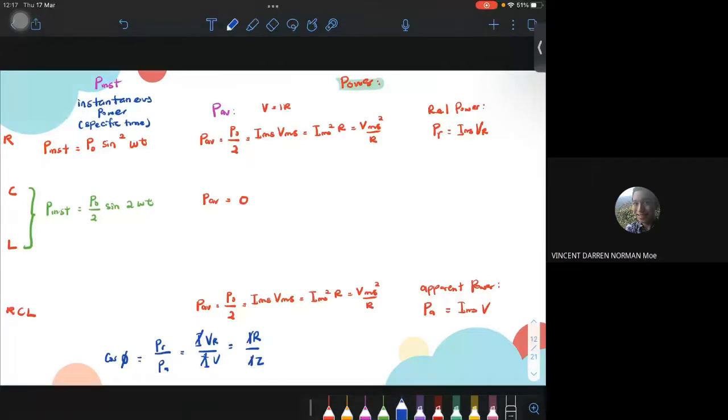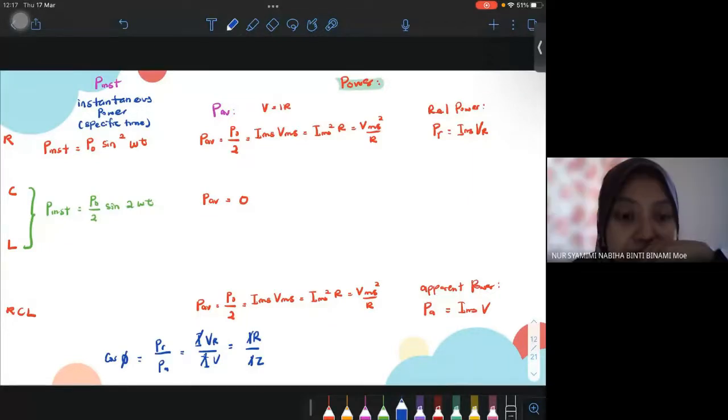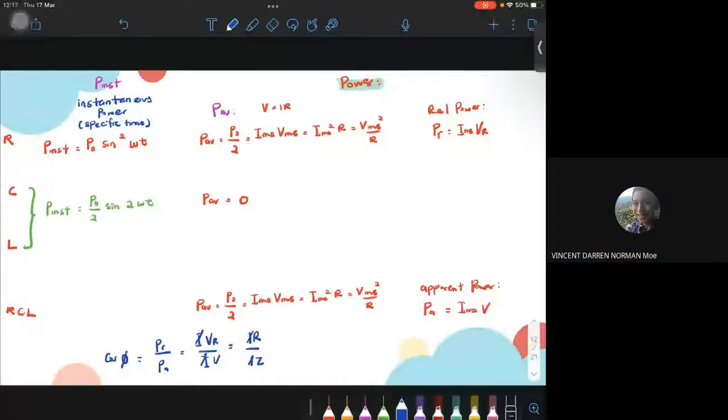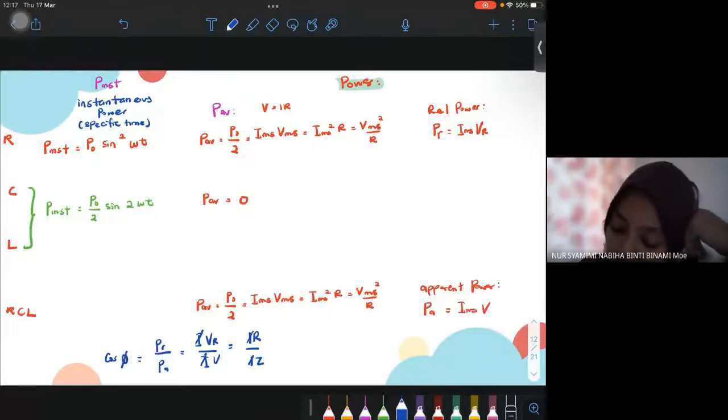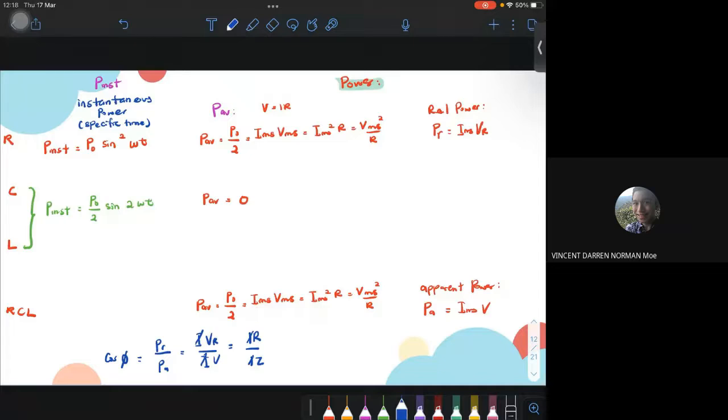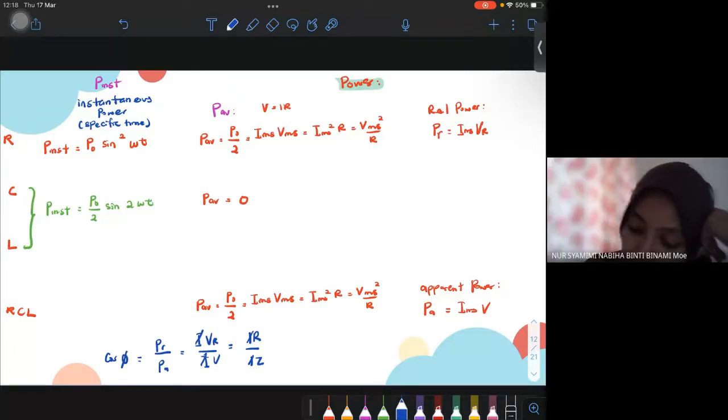Madam, where to find the R again? Which one? From the formula R over Z. R over Z, this one.